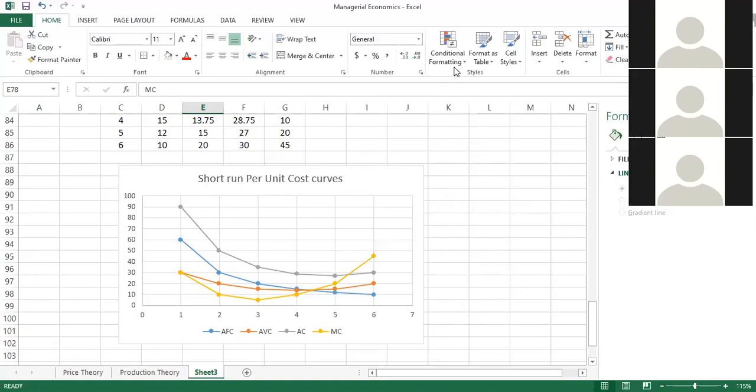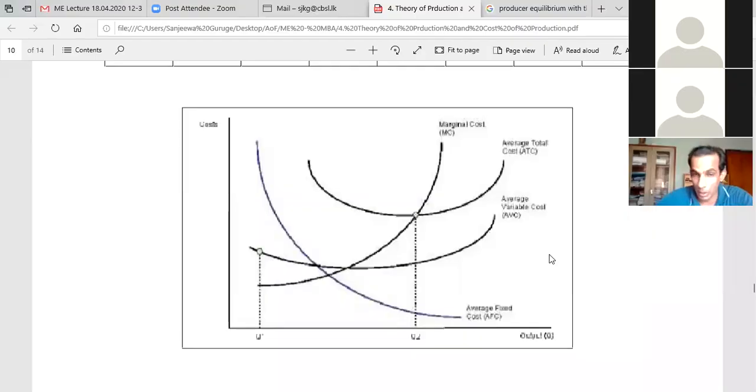So other than the average fixed cost curve, the other curves have a U shape. U shape means the U letter, which means initially decrease, and after that increase.